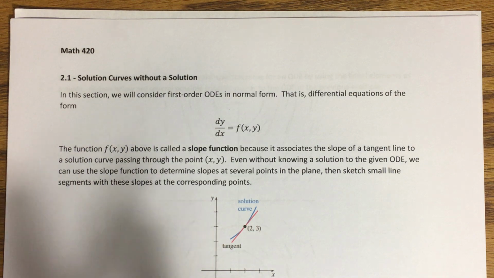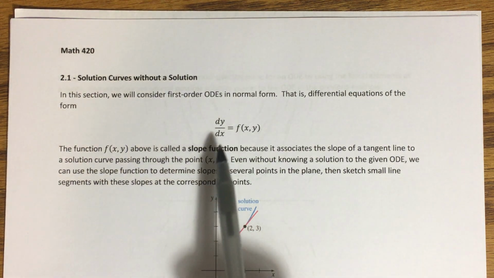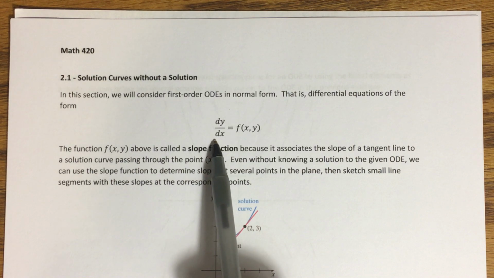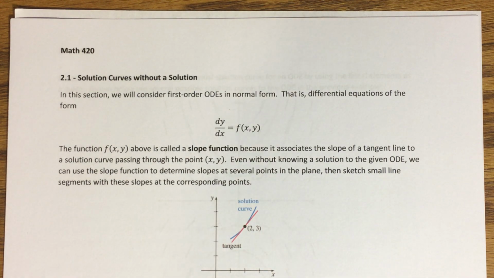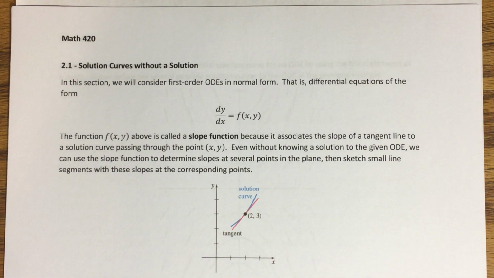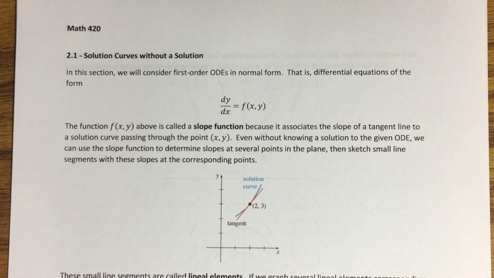So basically what we're looking at here in section 2.1 is, if we are given a first order differential equation, what information can we get from it without necessarily getting a full solution for it? And it turns out there's a good amount of information you can pull out of a differential equation, depending on what type you're looking at, without ever solving it. That's what we're getting at here.